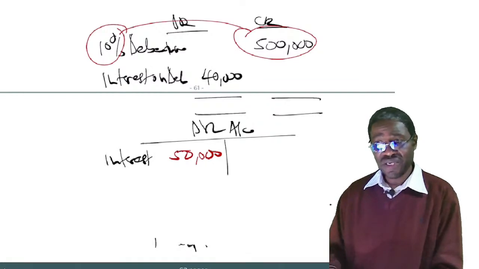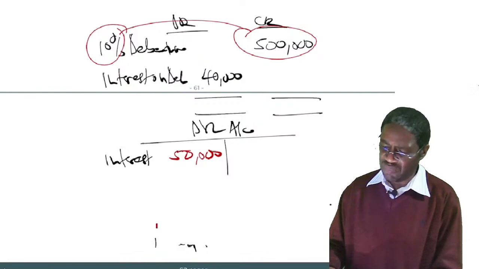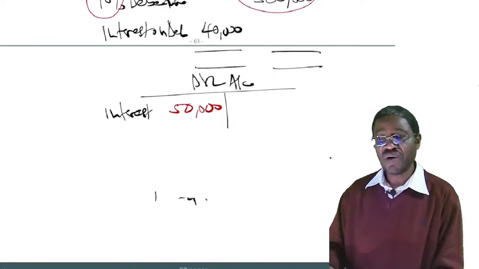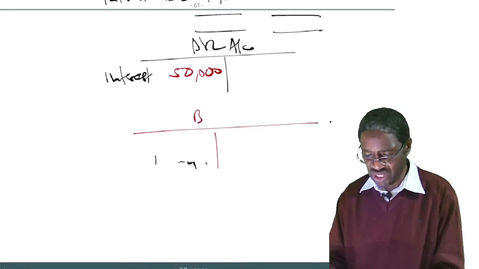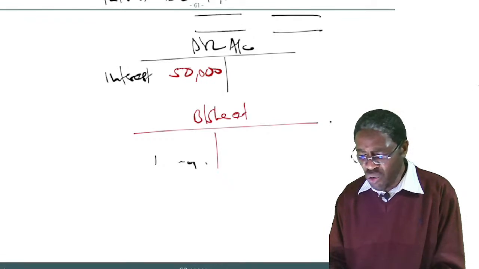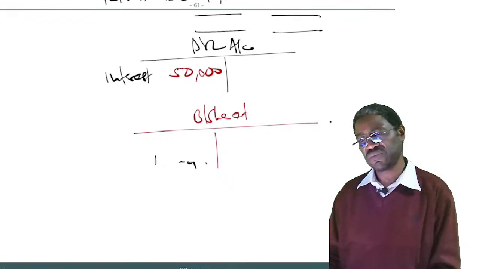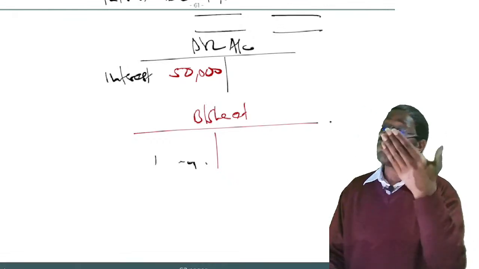Then when you are doing the balance sheet of such a company, that is the time you had to ask yourself, do we owe anything to the debenture holders? As per the trial balance, we have only paid them 40.